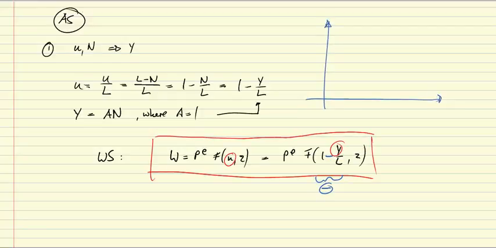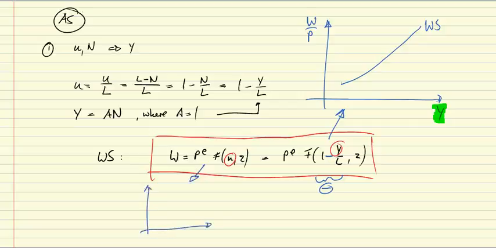Which means that we can draw this wage setting relationship WS with Y on the horizontal axis as an upward sloping relationship. So that is what we get when we use this function, whereas when we use this one, we get the real wage unemployment relationship, the downward sloping WS that we had worked with previously.